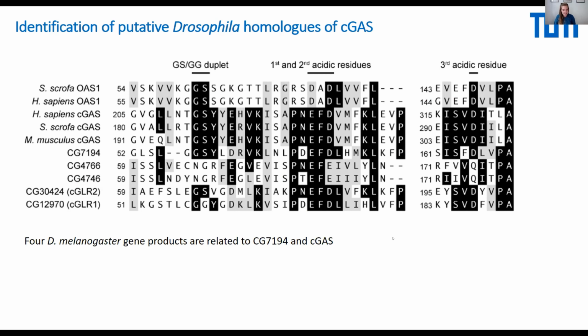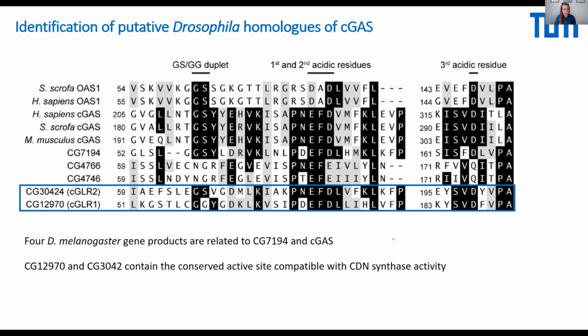But in this paper, we identified 4 other gene products that are related to CG7194 and cGAS, and especially the 2 that are called CG12970 and CG30424. Sorry, that was misspelled down here. What's interesting about those is that they have a conserved active site that would be compatible with cyclic dinucleotide synthase activity.